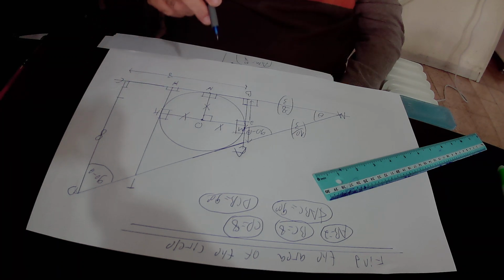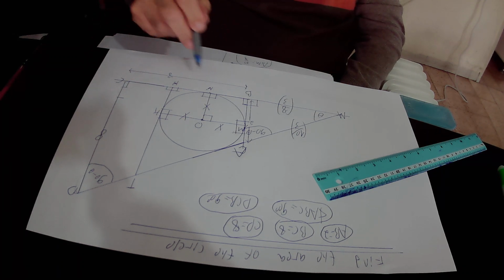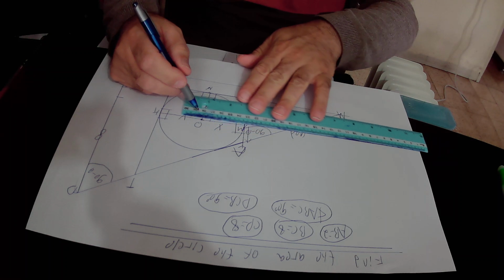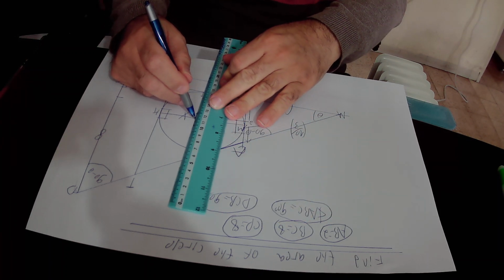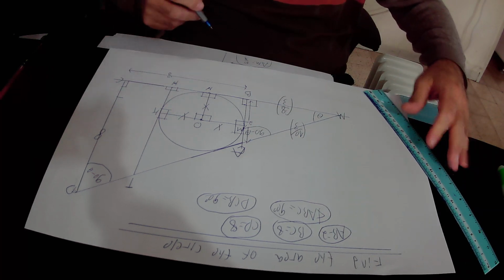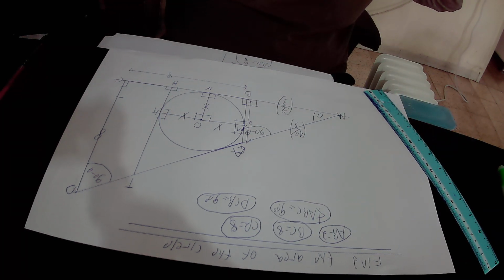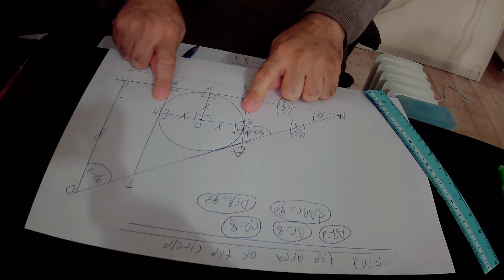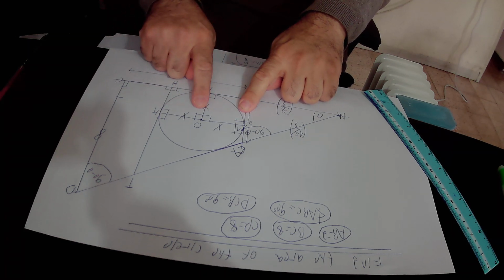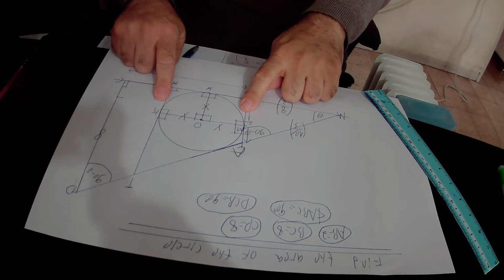In quadrangle ONHK, we have 1, 2, 3 right angles, therefore the fourth angle must be equal to 90 degrees according to the rule that I already mentioned, that the sum of the angles in any quadrangle is equal to 360 degrees. So angle MOK equals 90 degrees plus 90 degrees, it is 180 degrees.